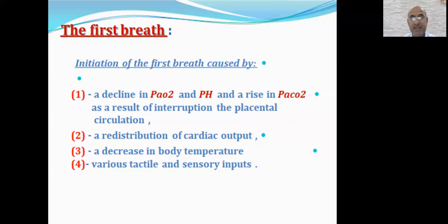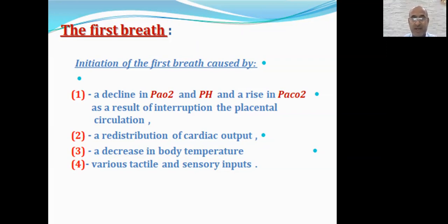The first cause is a decline in oxygen pressure and pH and a rise in the pressure of CO2, as a result of course of interruption of the placental circulation. So any change in the biochemical values regarding the respiratory system can help initiate the first breath.